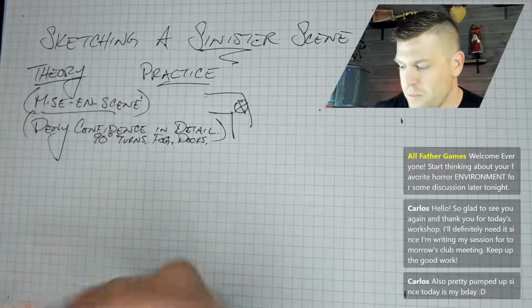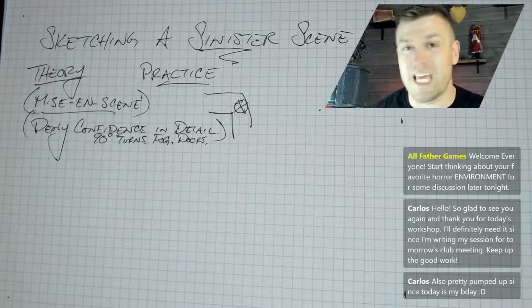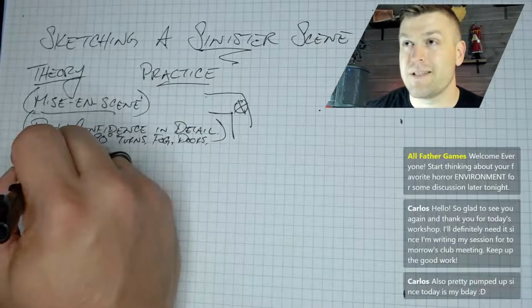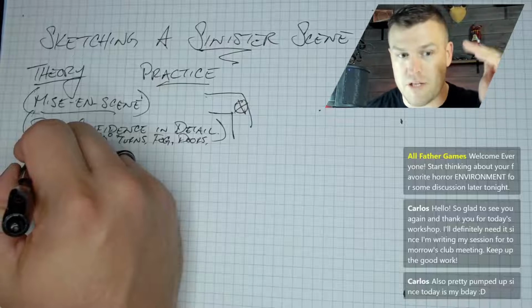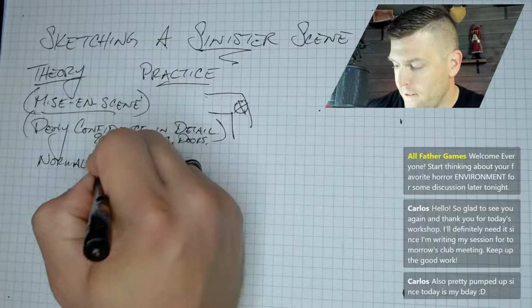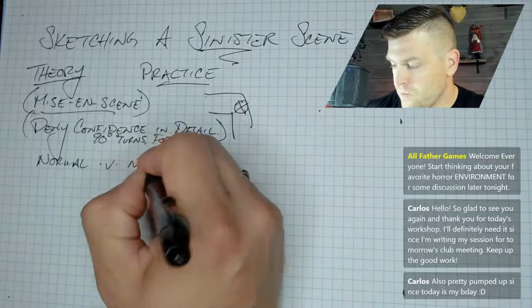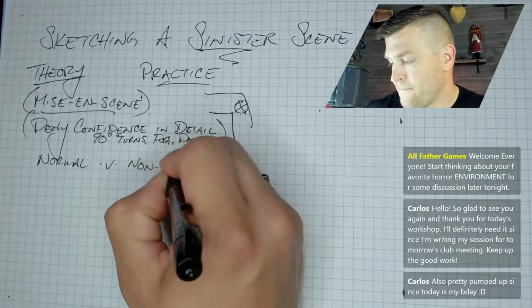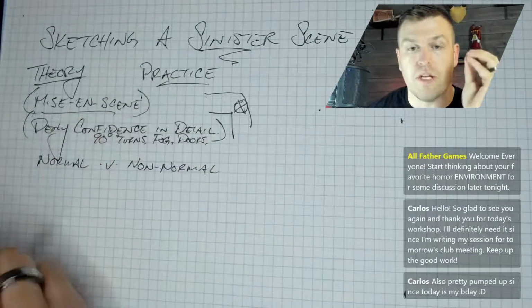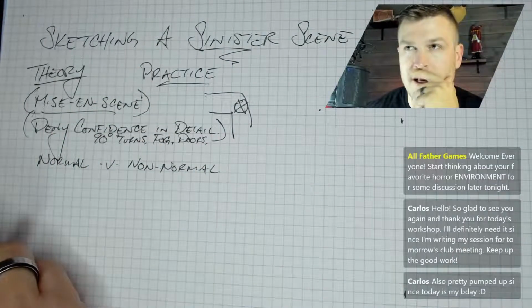into the next part. Not only should we be denying confidence in the details, horror exists in the contrast between normal versus not normal or abnormal. Okay. That is where the really juicy horror takes place.